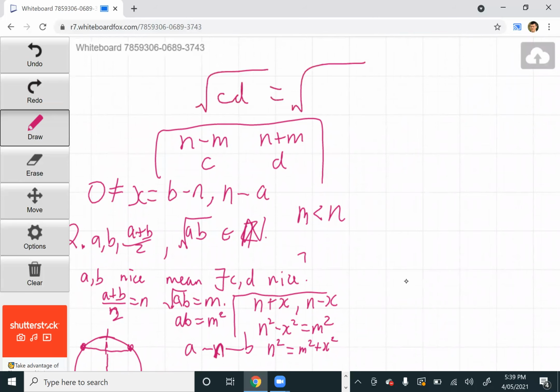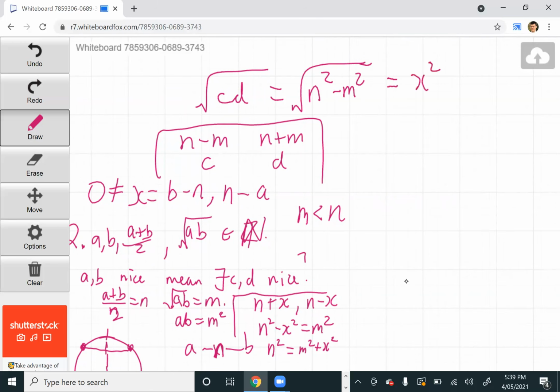It's once again n squared minus m squared equals x squared, because we rearrange the equation. If we square root that.